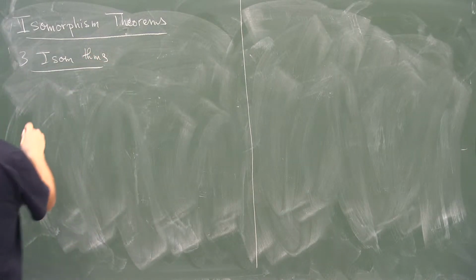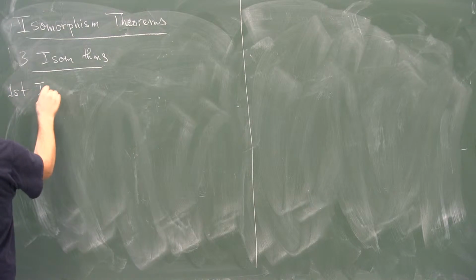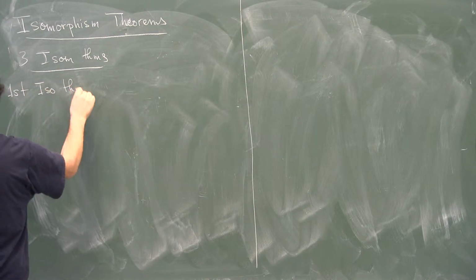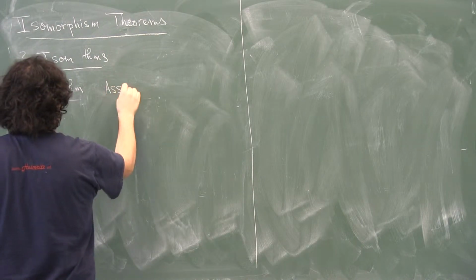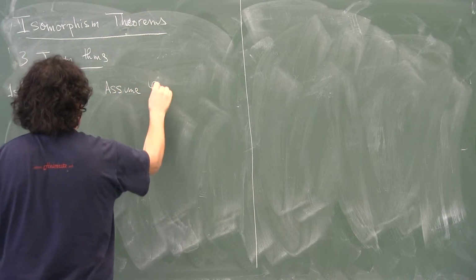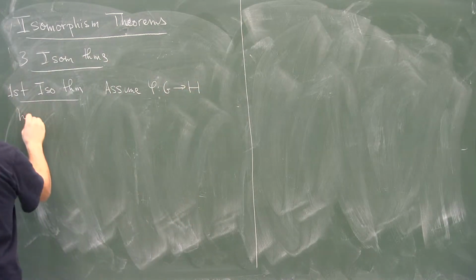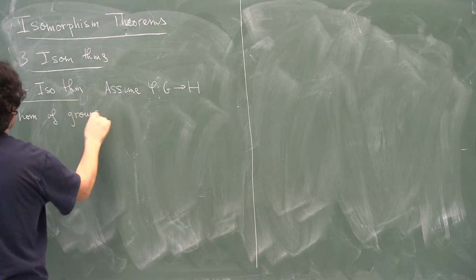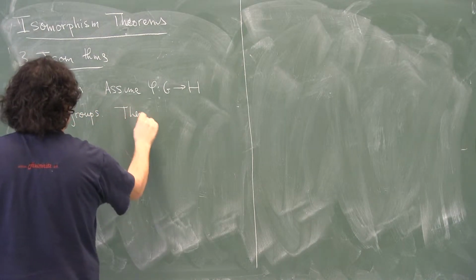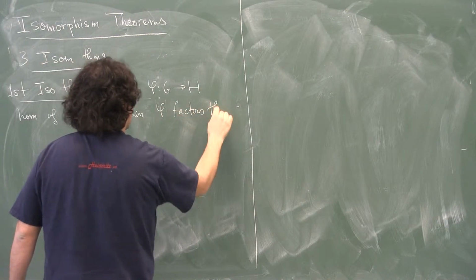Okay, so the first isomorphism theorem is the following. Assume phi from G to H is a homomorphism of groups. Then phi factors through.